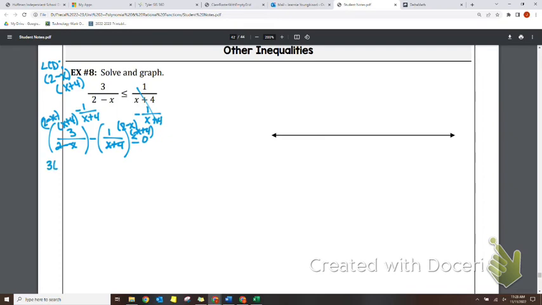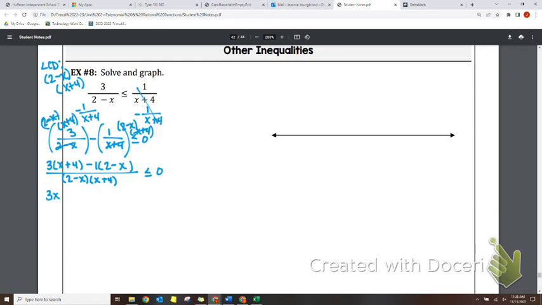And so I get 3 times x plus 4 minus 1 times 2 minus x all over that least common denominator, so 2 minus x times x plus 4. And then we still have our less than or equal to 0.